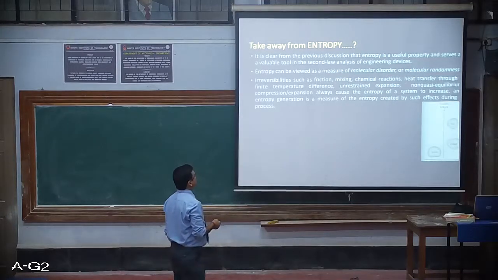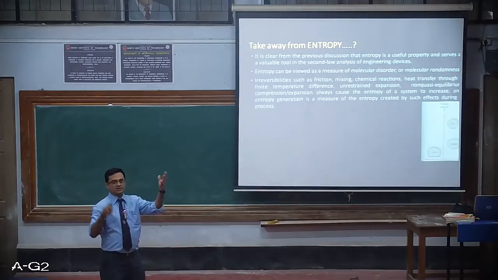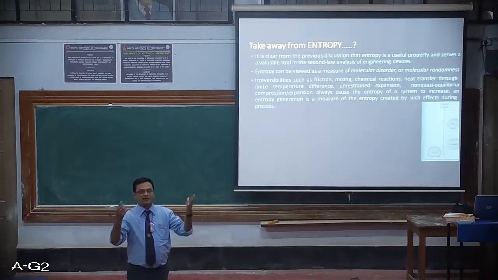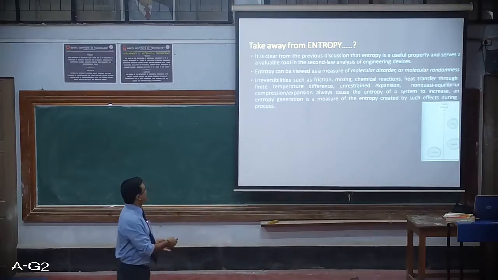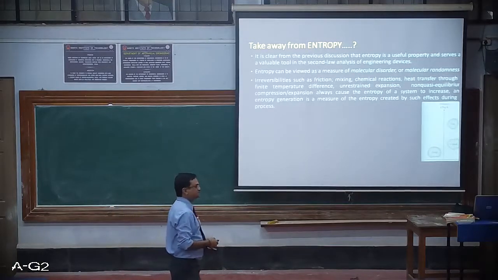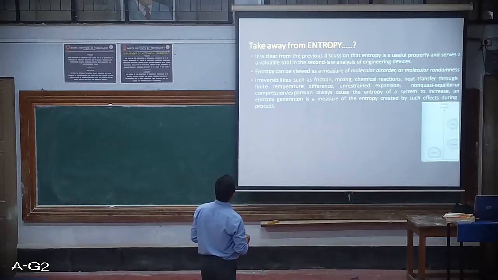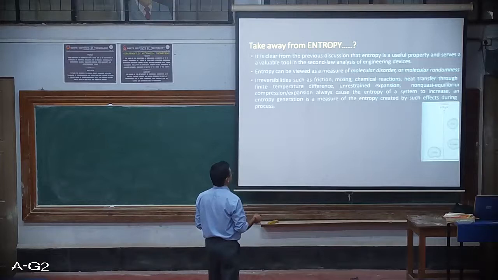Chemical reactions, and heat transfer through finite temperature difference. One example we have seen is source and sink maintained at different temperatures, and how the entropy can be different. So that is heat transfer through finite temperature difference. Unrestrained expansion and non-quasi-equilibrium compression or expansion always cause the entropy of a system to increase.